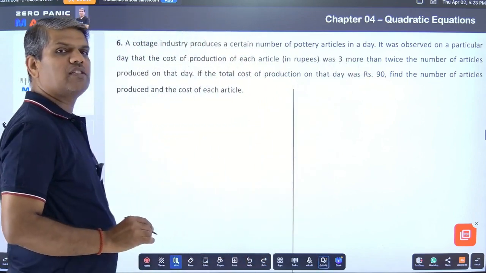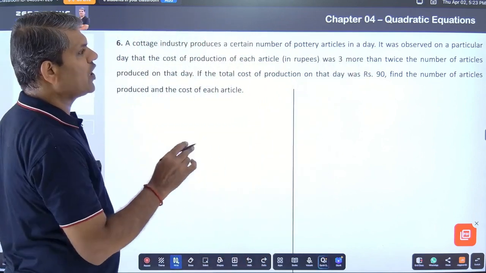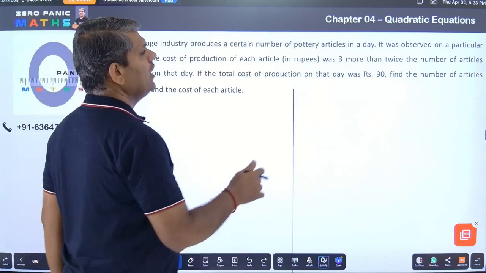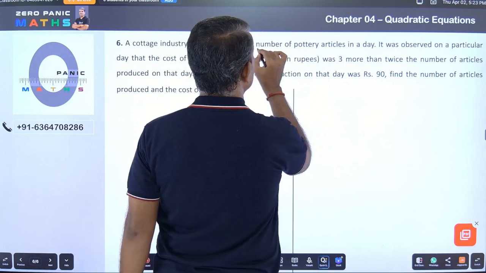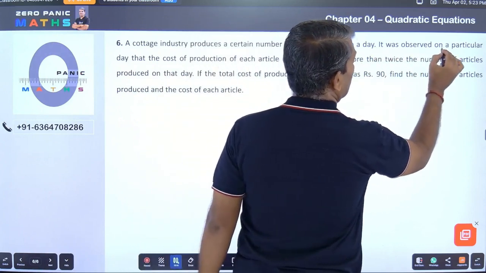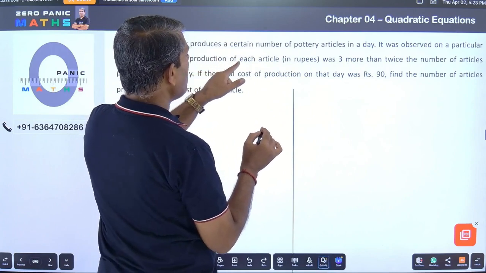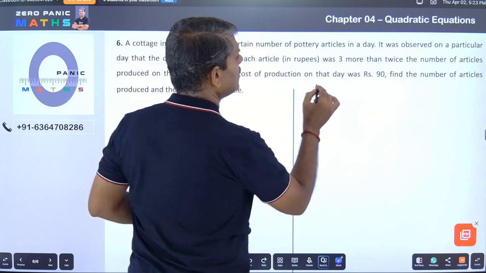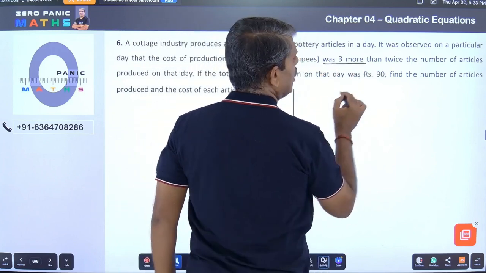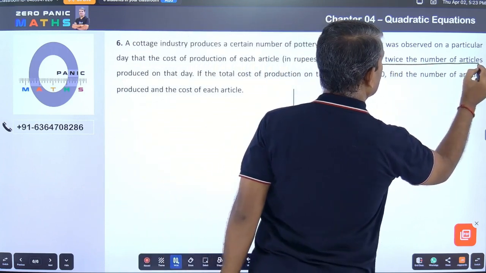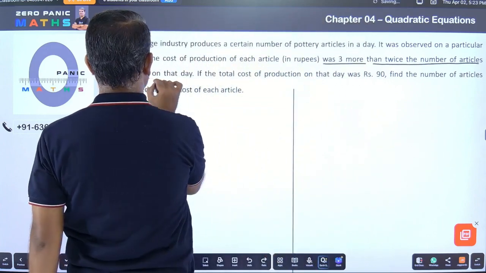So we should be considering the number of articles produced on a day as x. It was observed on a particular day that the cost of production of each article in rupees was 3 more than twice the number of articles produced on that day.